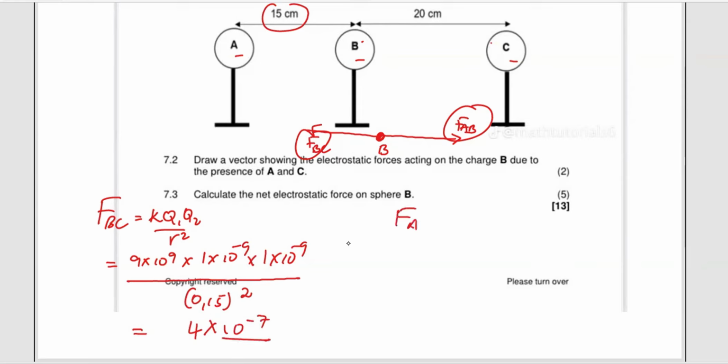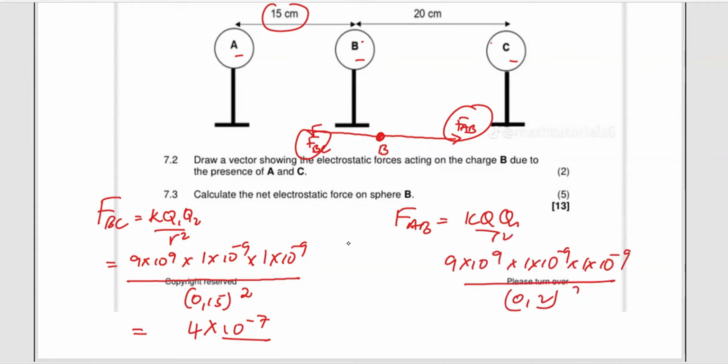Then for AB, I'll do the same thing, Q1 Q2 over r squared. So it's just going to be the same, but the distance of separation is going to be different. 1 times 10 to the negative 9, 1 times 10 to the negative 9, and then the distance will be 0.2 squared. So this gives me 2.25 times 10 to the negative 7.